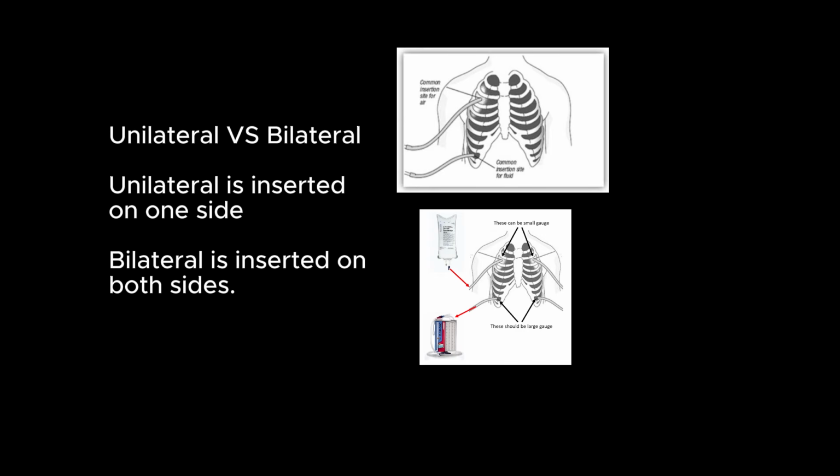So if a patient has bilateral pneumothorax, it means an apical chest tube will be inserted on both sides of the lungs. Also, if we have unilateral, it means it's going to be inserted on one side. So that is what we need to look out for.